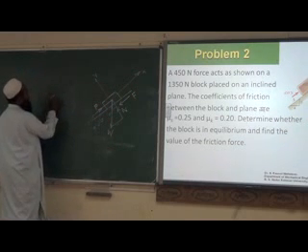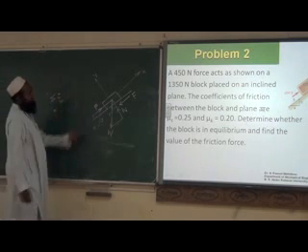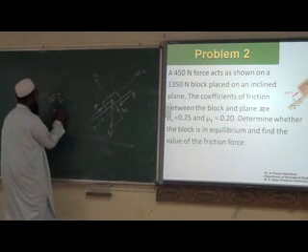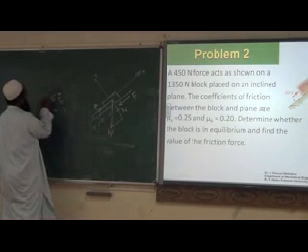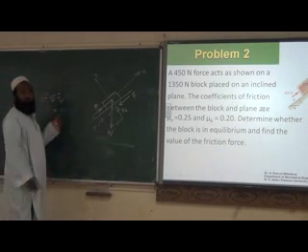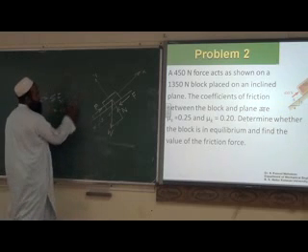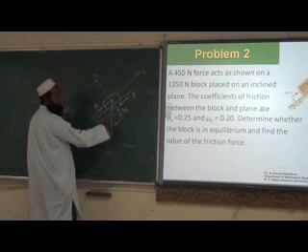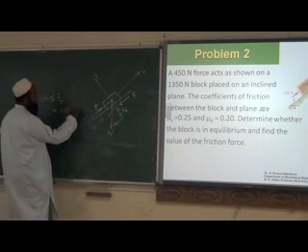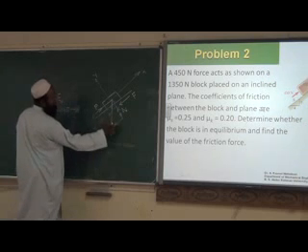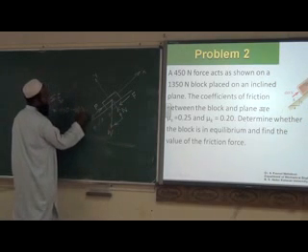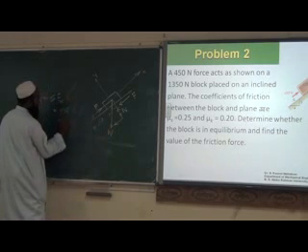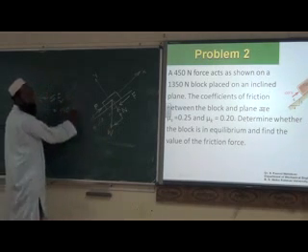If you resolve parallel to X as shown, in this direction, rightward positive, 450 minus W. W into 3 by 5.